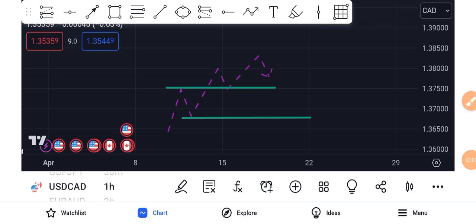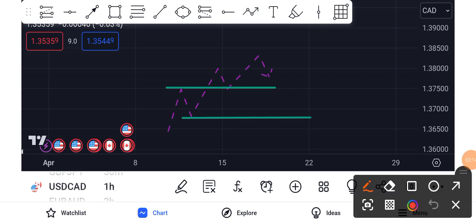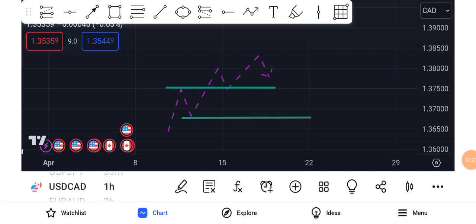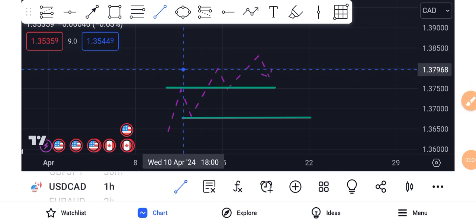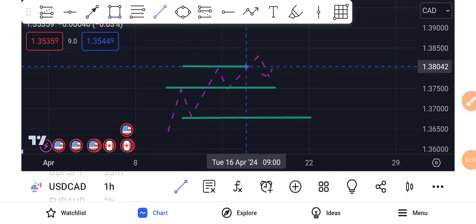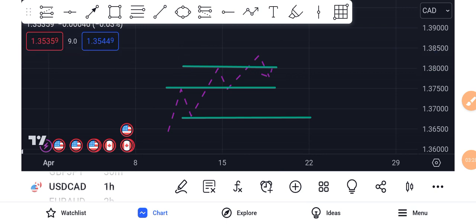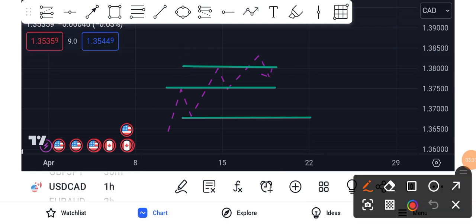And now when the market breaks through a resistance, automatically that resistance zone becomes a support zone. You see, now when the market broke through resistance, it also met another resistance above. You see, this is another resistance, and here now is the support. When the market got to the resistance, it had to retrace a little and come down, and when it got to the previous resistance, it automatically became a support.